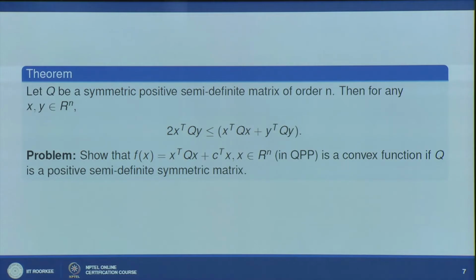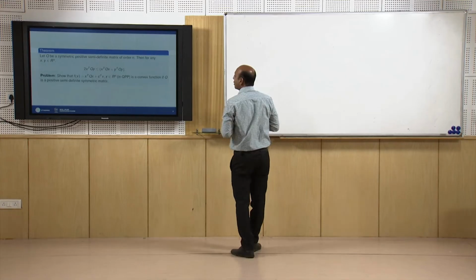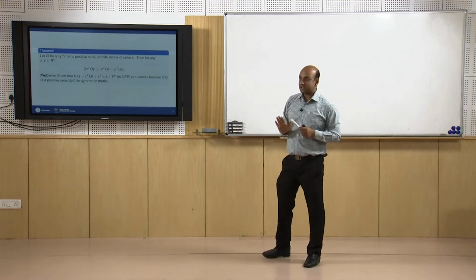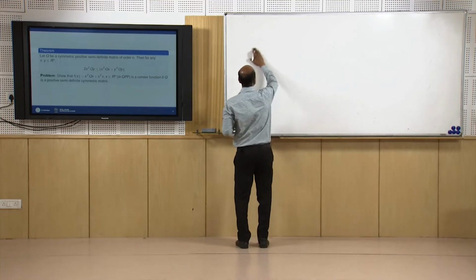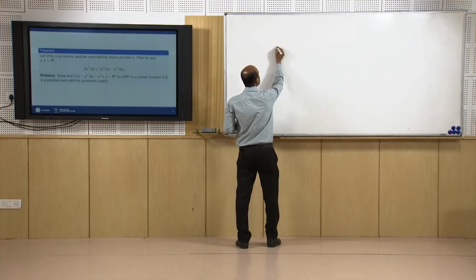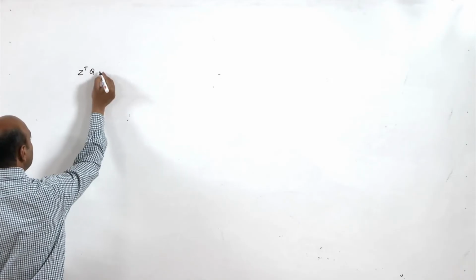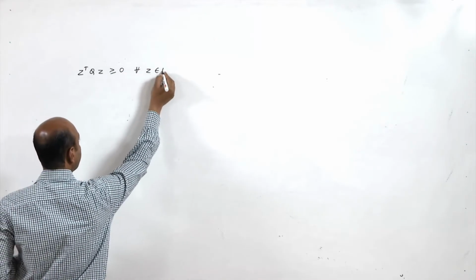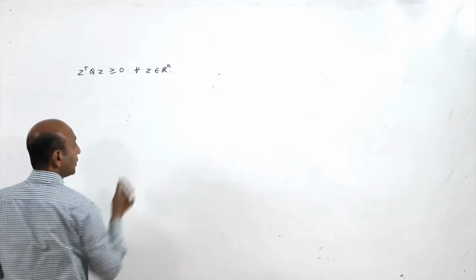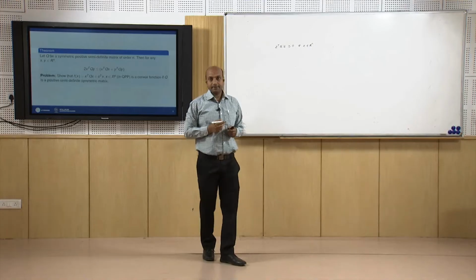Let us try to prove this result first. Now here Q is a symmetric positive semi-definite matrix. So that means z transpose Q z will be greater than or equal to 0 for all z in Rn, because it is a positive semi-definite matrix.